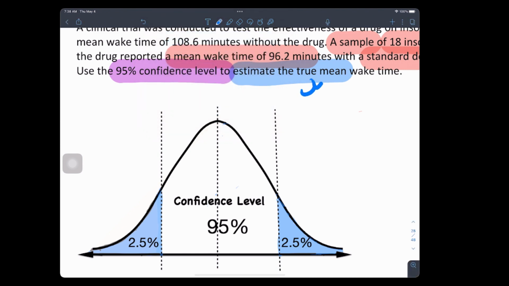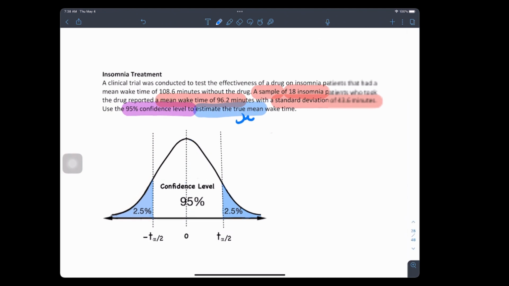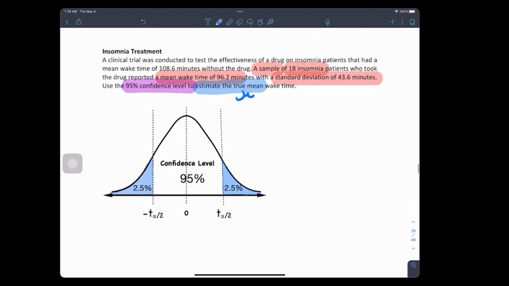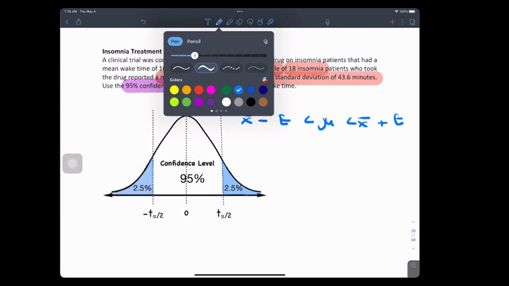So by now, hopefully you see, even by the colors here, I'm going to estimate a true mean. Because this sample information is only a sample. It's not the population. So we're going to estimate the true mean. What does the sample information say?